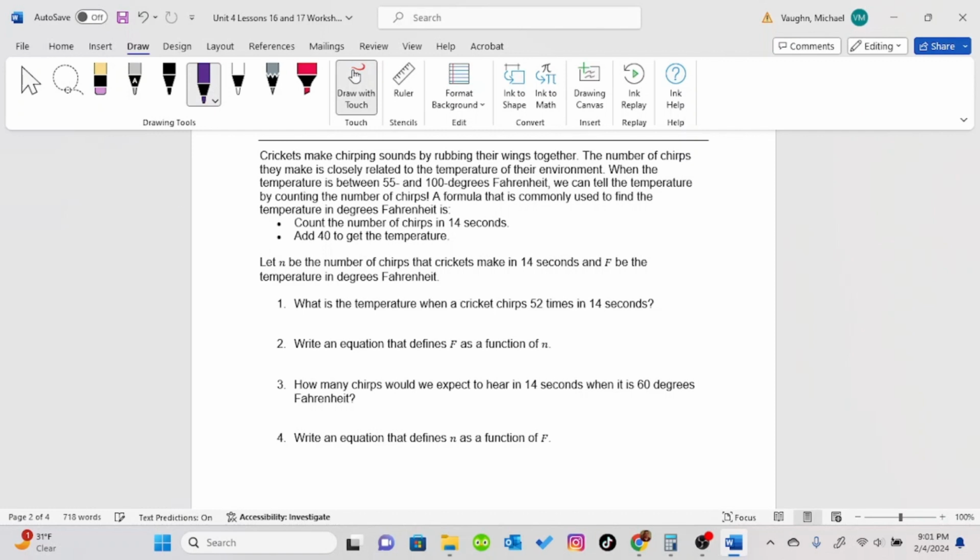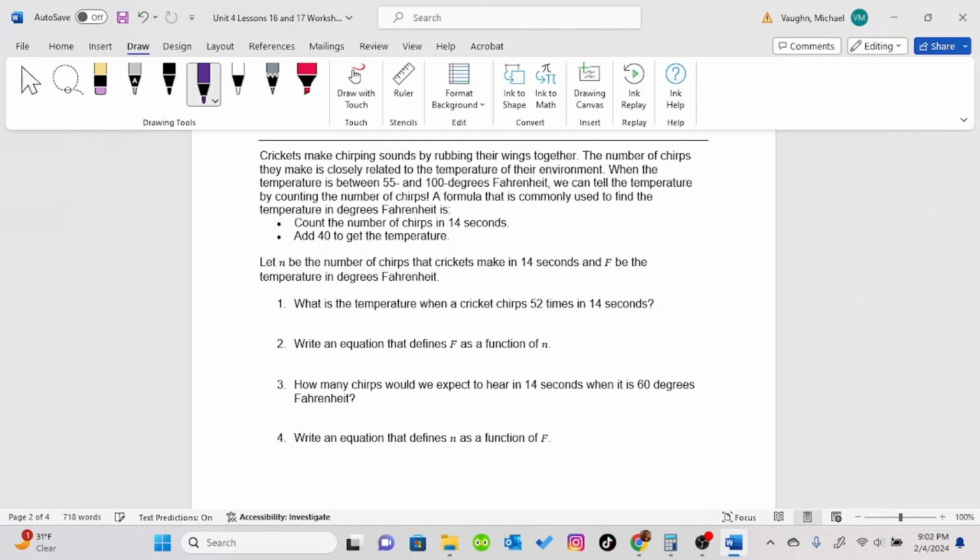A formula that is commonly used to find the temperature in degrees Fahrenheit is: first count the number of chirps in 14 seconds, then add 40 to get the temperature. Let N be the number of chirps that crickets make in 14 seconds, and F be the temperature in degrees Fahrenheit. What is the temperature when a cricket chirps 52 times in 14 seconds?